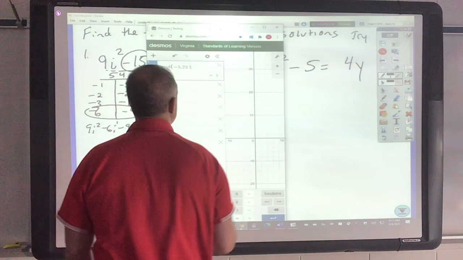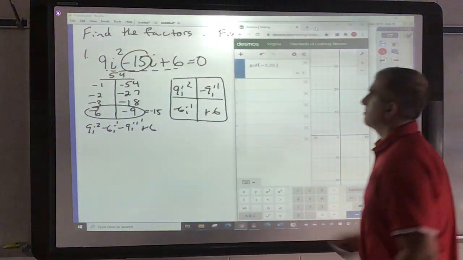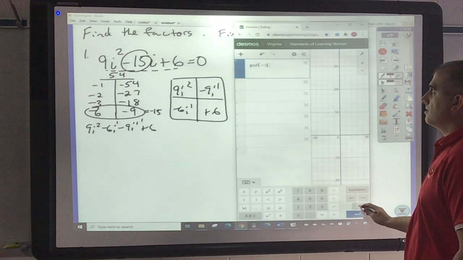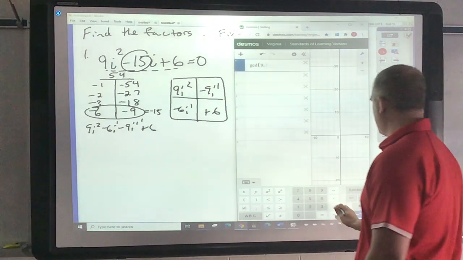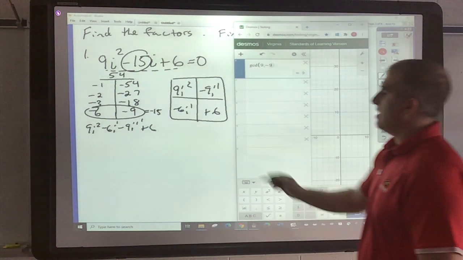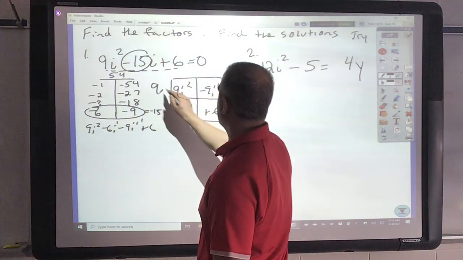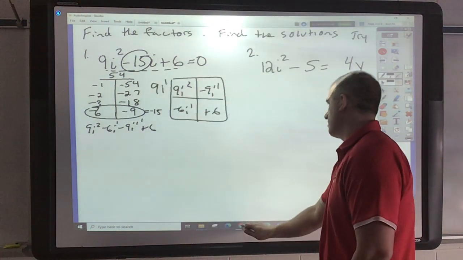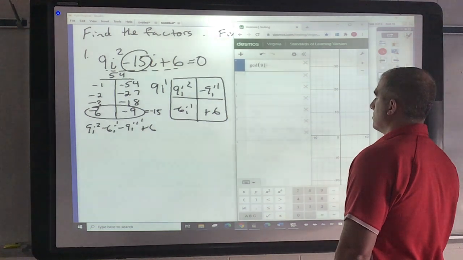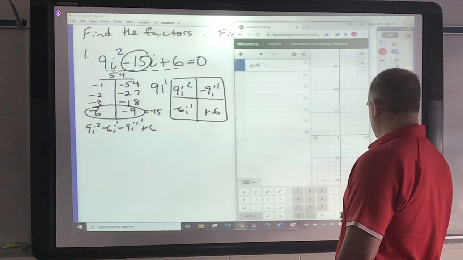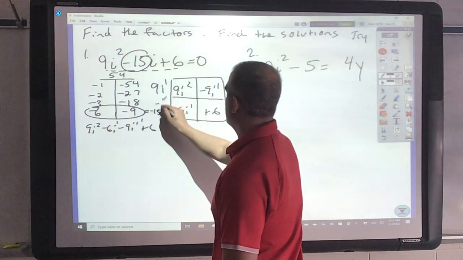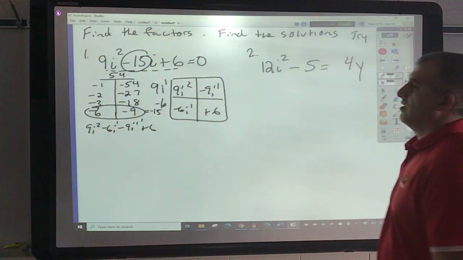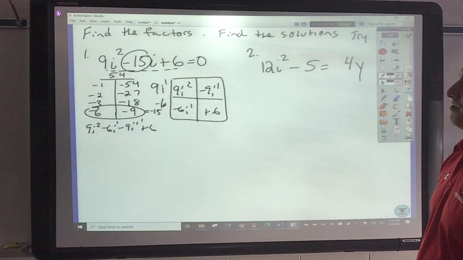And now I'm just doing the GCF stuff, okay? All right, so I got 9, comma negative 9, just 9. So I got 9i squared, 1i. Okay, so negative 6 and 6 would be negative 6. Bad problem to do.